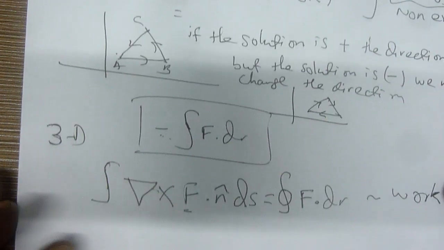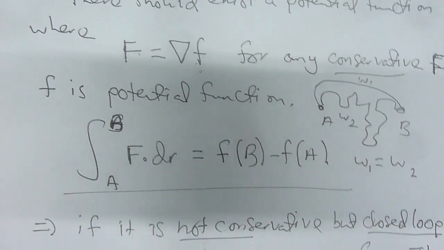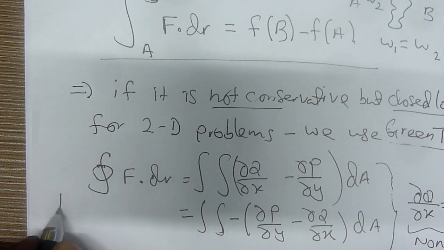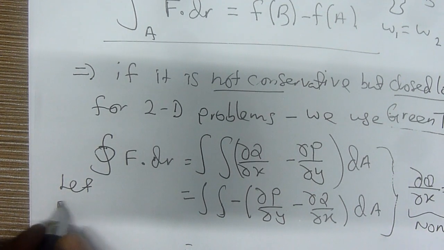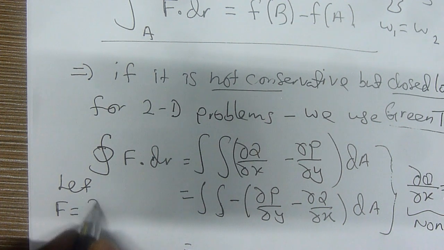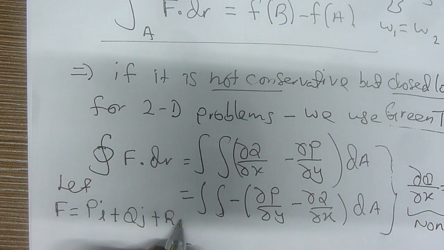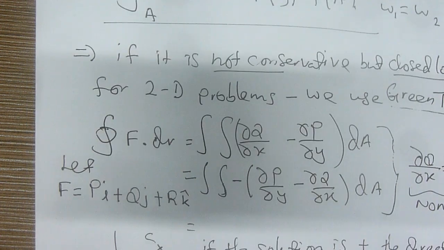Very simple, look at the F. Let F equal Pi plus Qj plus Rk.